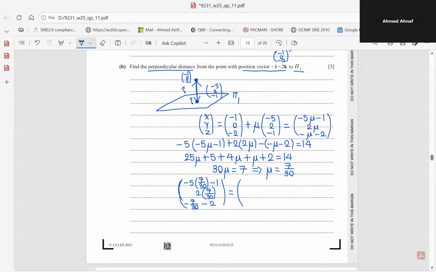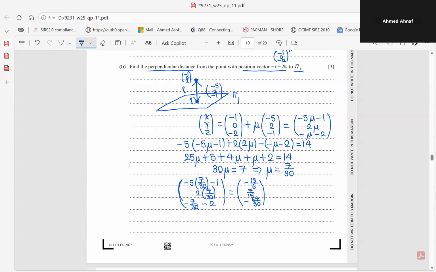And this is just a bit dark. 30 minus 1, minus 13 over 6, 7 over 15, minus 7 over 30 minus 2, minus 67 over 30. Yeah, so this is our unknown point, okay, that we're looking for.